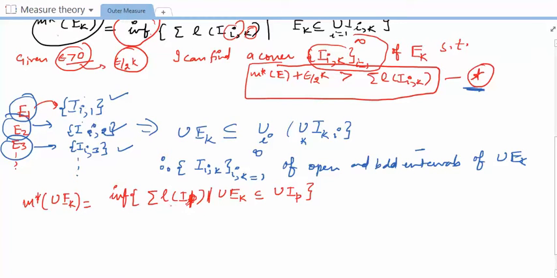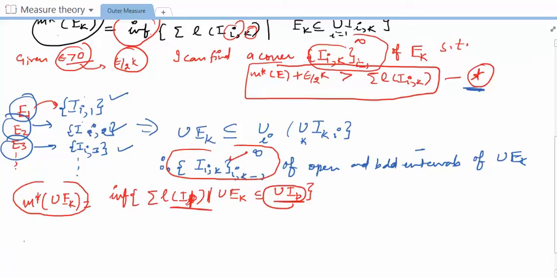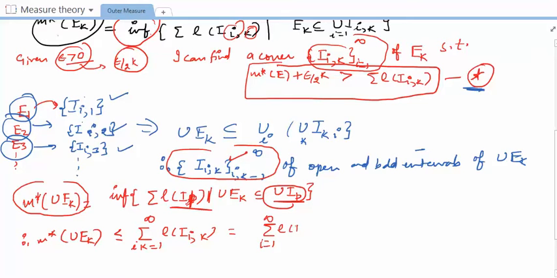If you get one such cover, and here is one such cover, then definitely, because this is the infimum of all such quantities and you have only one such cover, we have m star of the union of ek's is less than or equal to the summation of L of Iik, where both i and k run from 1 to infinity. So this is nothing but the summation over i from 1 to infinity and the summation over k from 1 to infinity of L of Iik.